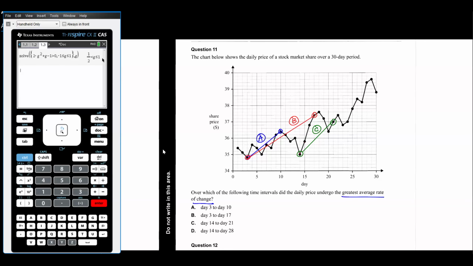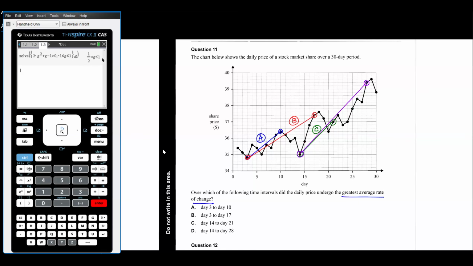Also, we have day 14 to 28. That's 25, 26, 27, 28. So here and here. So let's do the line segment. Let me just adjust the things carefully.